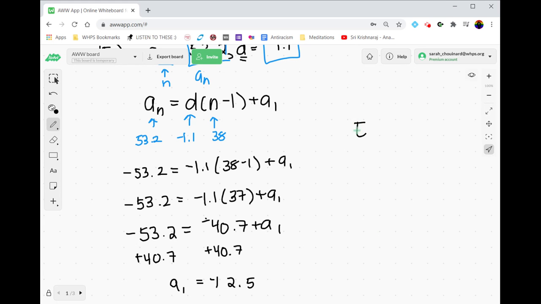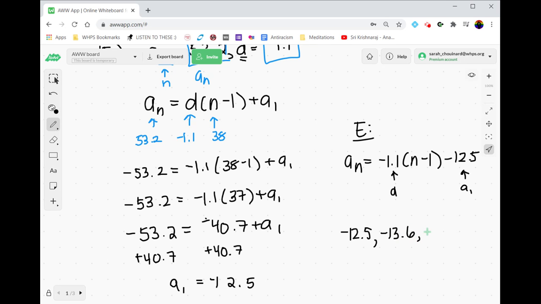So they want me to write the explicit rule. That's going to be a sub n equals d times n minus 1 plus a sub 1. All I did was plug in the d value that I know and the a sub 1 value I just found. They also want me to write the first 5 terms of the sequence. To do that, I'm going to start at negative 12.5, which is my first term, and then subtract 1.1 4 times to get the next 4 terms.